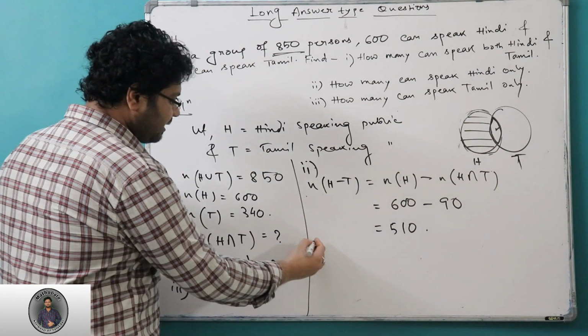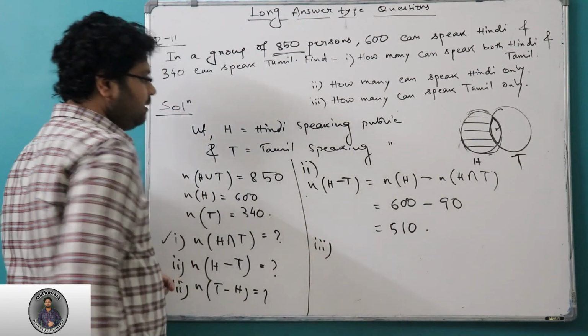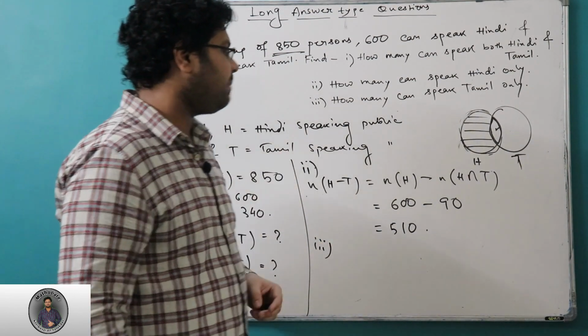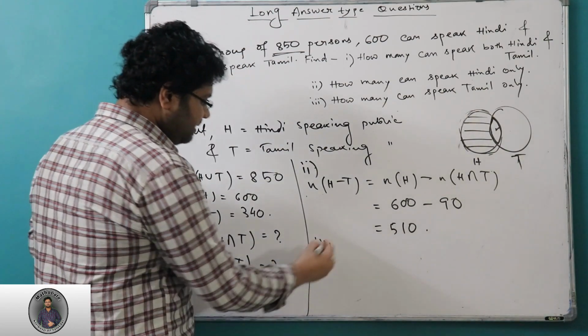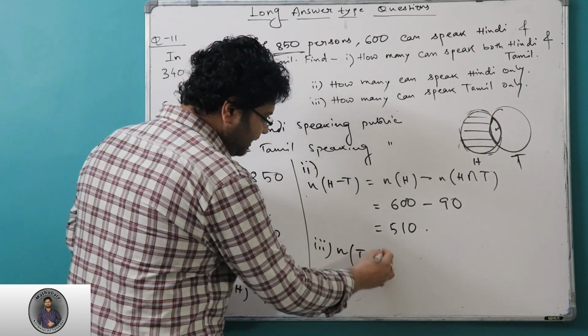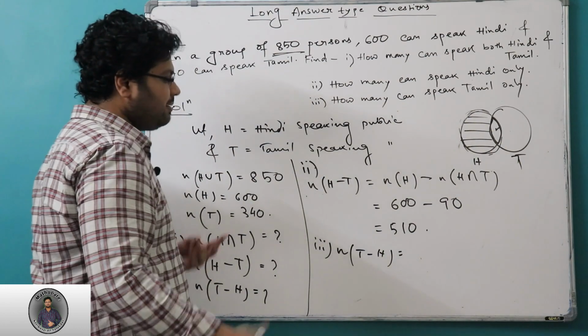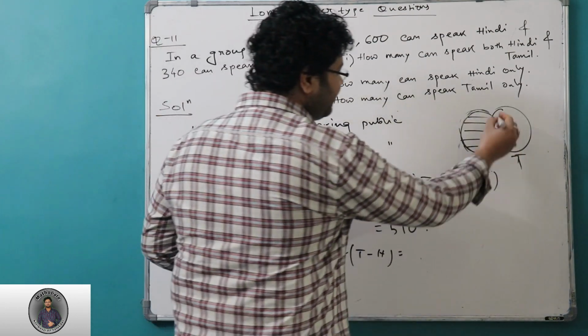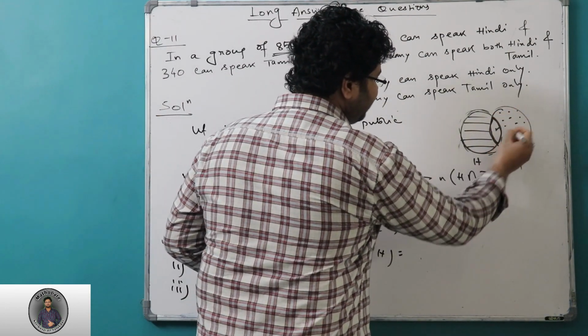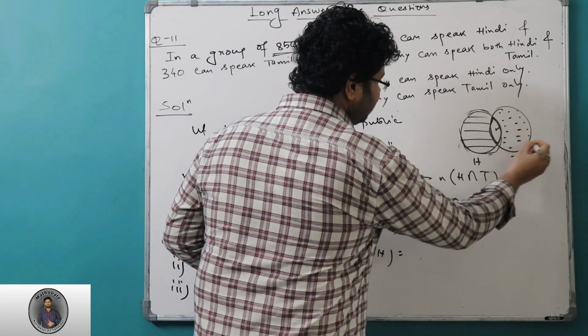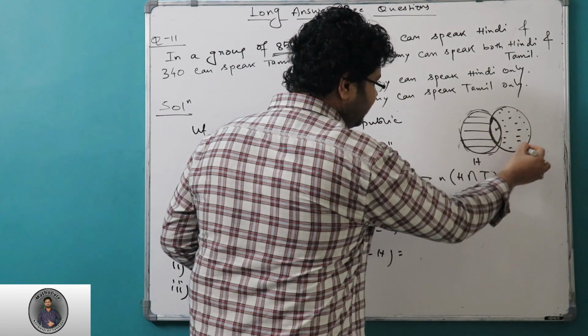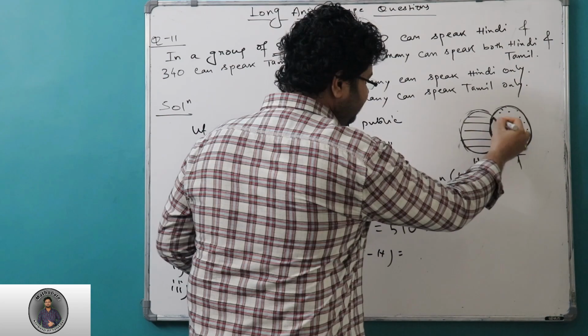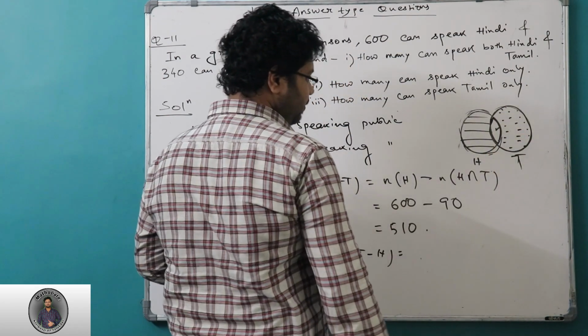Now we are coming to the third one. How many can speak Tamil only? Tamil only means we need to find n of T minus H. Similarly, T minus H means this dotted region, that is from the whole set T, if we subtract this overlapped area, we will get the required area.